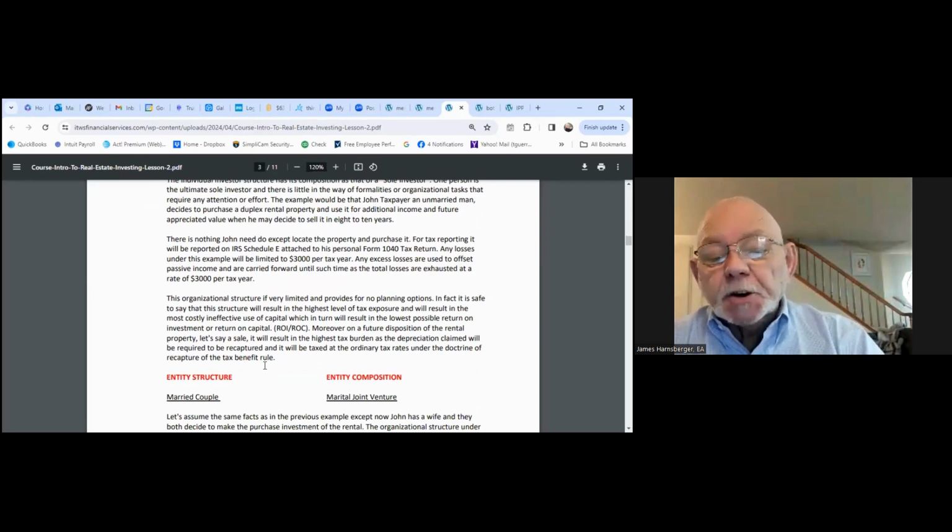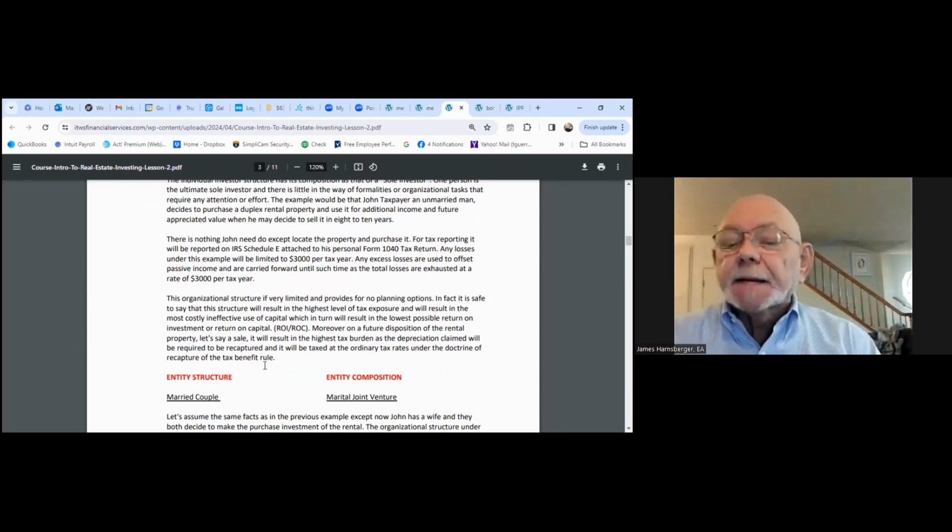The organizational structure is very limited, provides for no planning options, and it's probably safe to say that the highest level of tax exposure is in this particular way of holding property. You're going to be absolutely taxed at the highest level, both for capital gains and ordinary income or passive income down the road on a disposition.